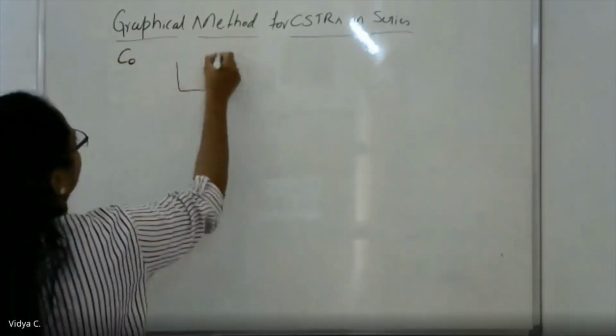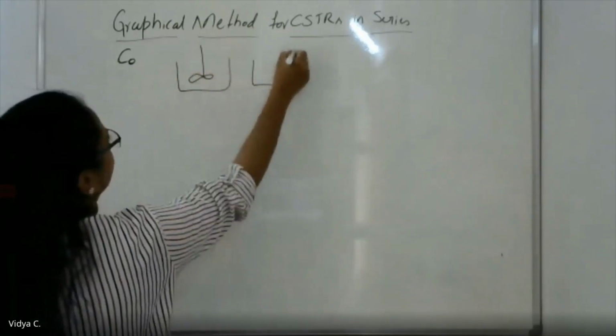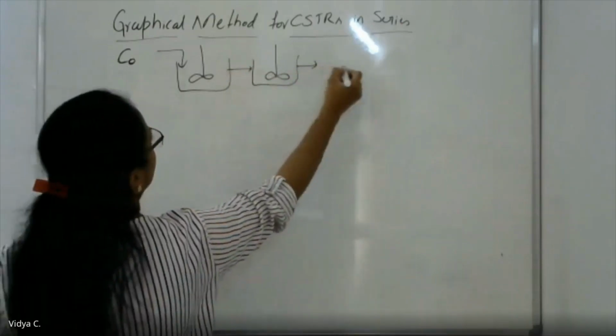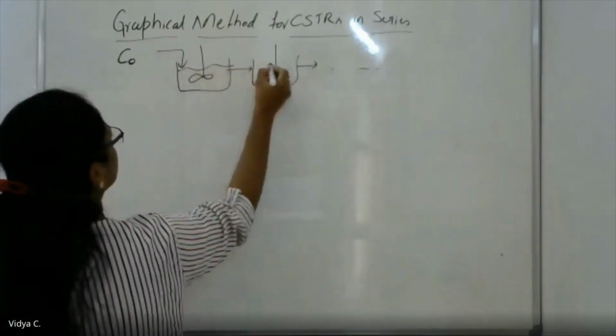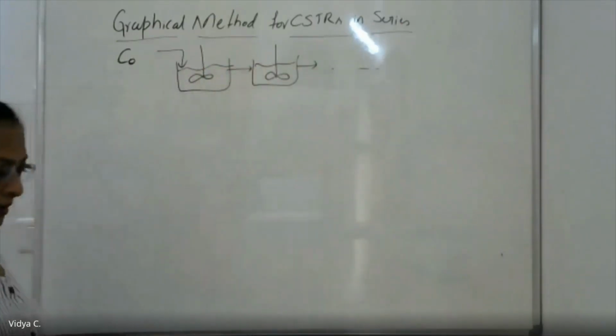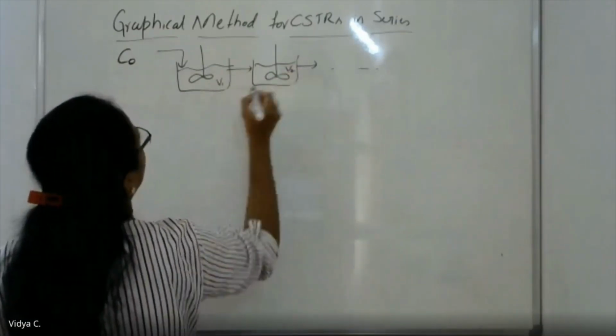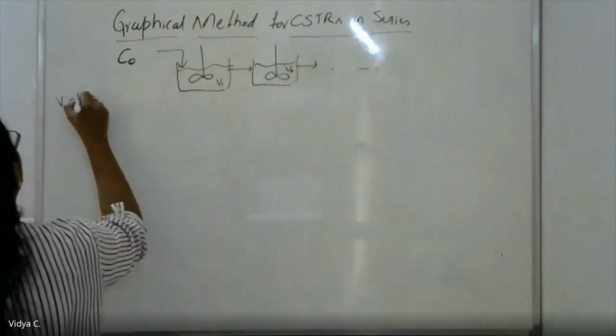Let me draw a schematic diagram, taking 2 CSTRs here. In the first case, I go with V1 equal to V2.